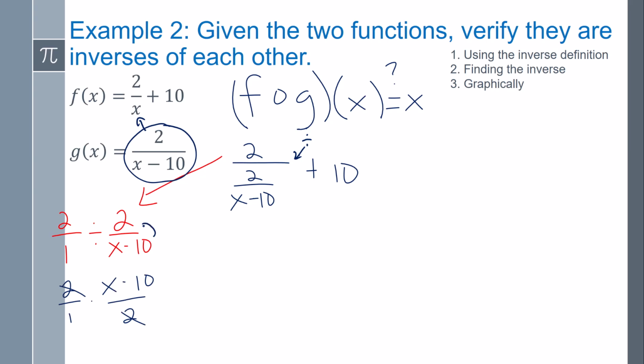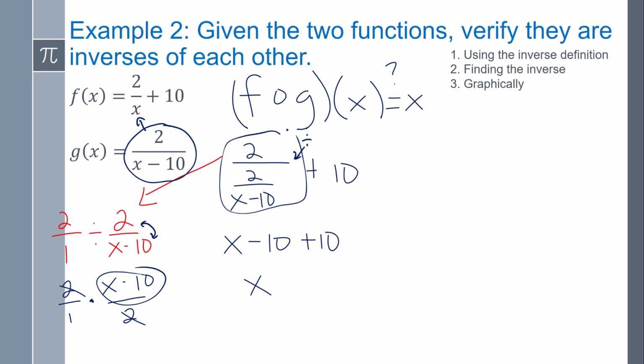Because whenever we divide with a fraction, you switch those, you turn it into multiplication. Now the 2's cancel out, and so you're actually left with x minus 10. And so then we have the x minus 10 plus 10, the 10 and the negative 10 cancel out, and you're left with x. So just know that you're going to have to do that little division flip thing. You're going to have to rewrite it to help us visualize what's going on there.